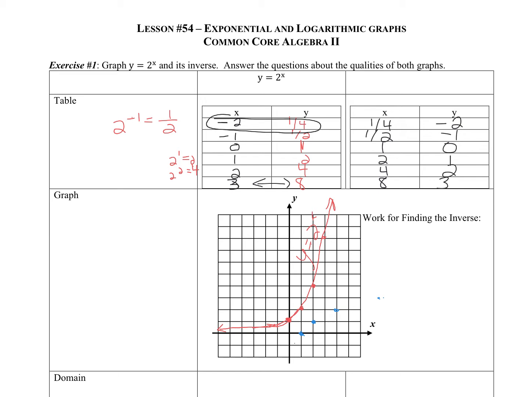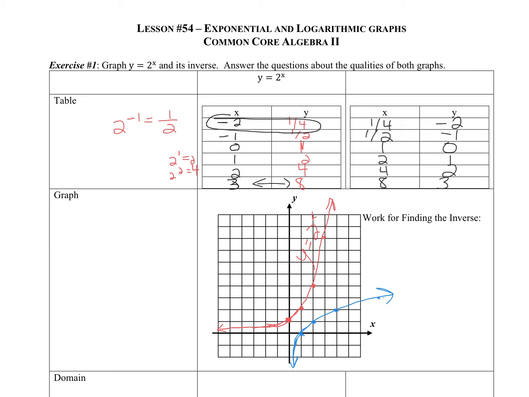And then these points fall in here, and we get a graph that looks like this. We don't have its equation yet. The actual grid is not really symmetrical, so it's hard to see. But if we drew the line y equals x, the line running through the origin with a slope of 1, we would see that the graph flips over it.